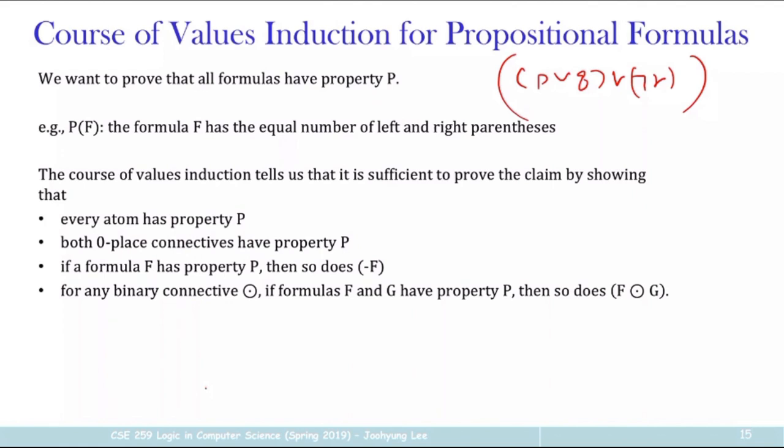Using that, you show that the new formula, F combined with G, also has the same property P. If you show all 4 cases, then you're done with covering all possible formulas, because any formula can be made using these rules only.